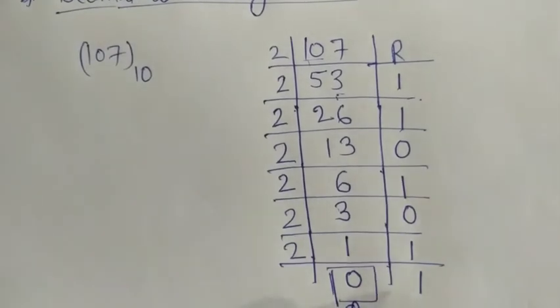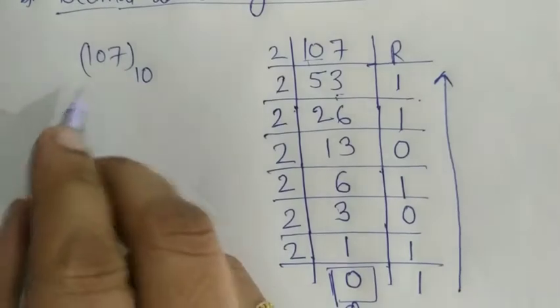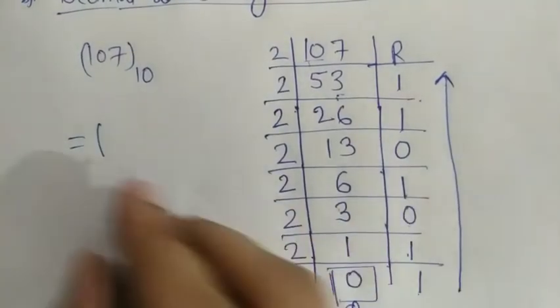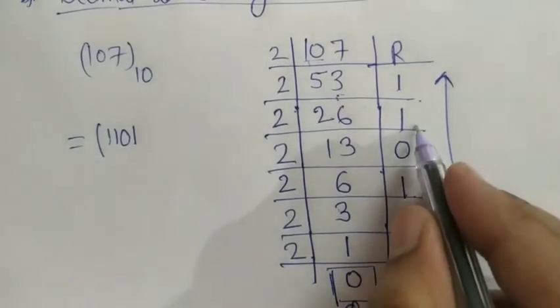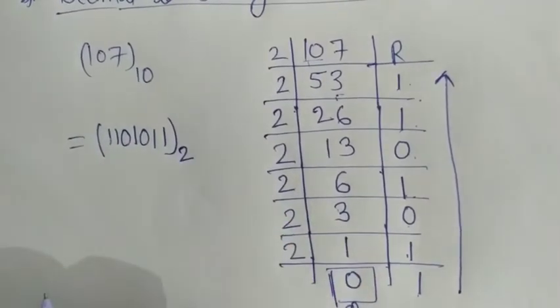Now after dividing, just write the remainders in reverse order. So 107 will be equal to 1101011 with base 2.